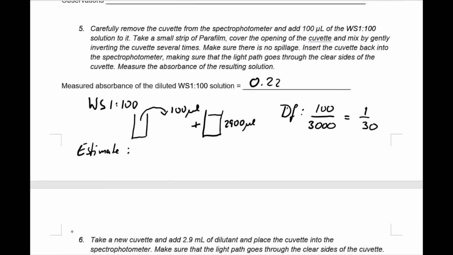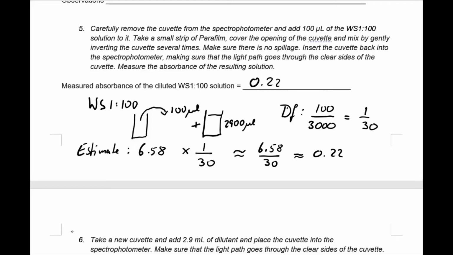And if we make a 1 in 30 dilution, we would dilute this absorbance, and that would give us roughly 6.58 over 30, and that should give us something around 0.2.